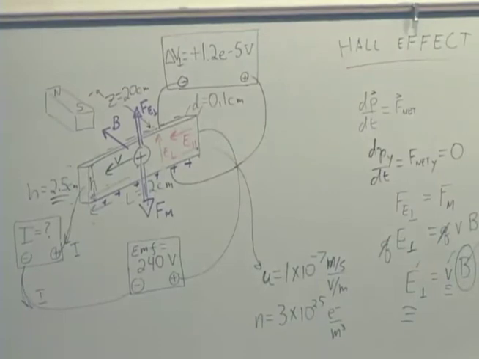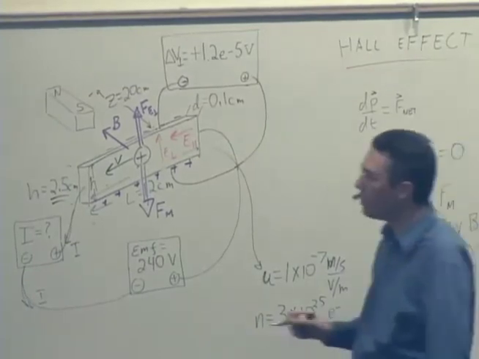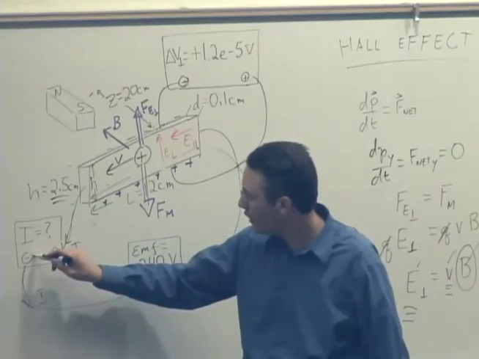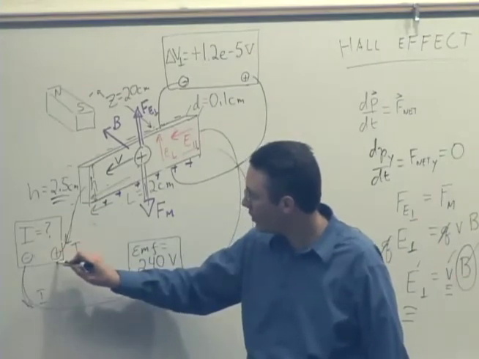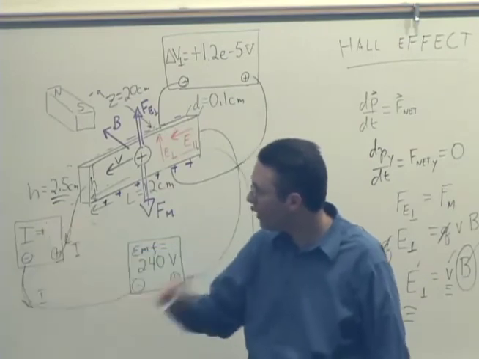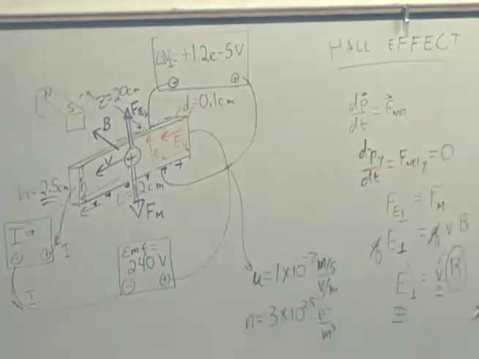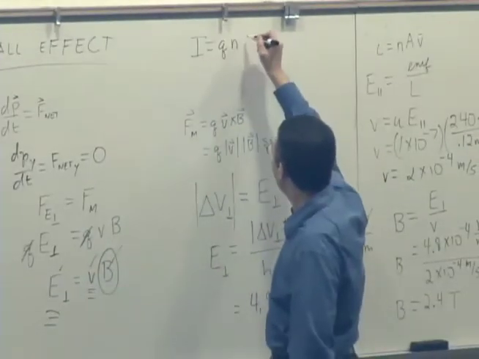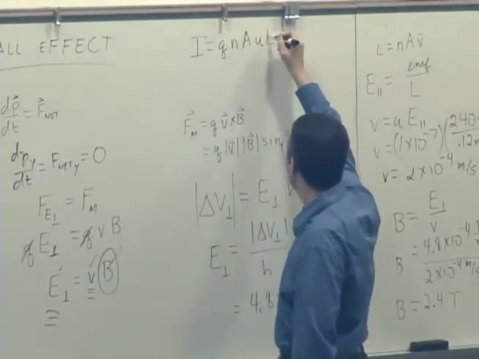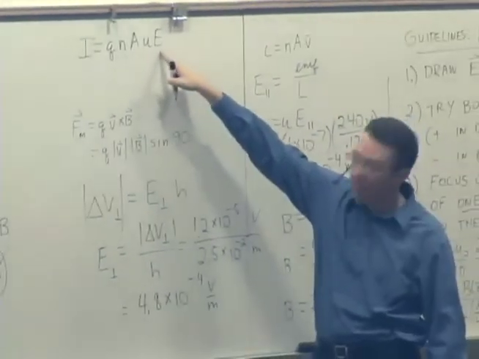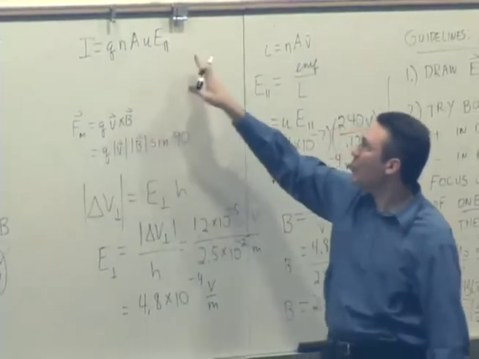Let's see which is the higher potential. The electric field is pointing from higher to lower potential. So this is the higher potential, so we should get a positive value for the current here. And then the conventional current we could figure out now by saying Q N A mu times E. Which E? Parallel E, okay?